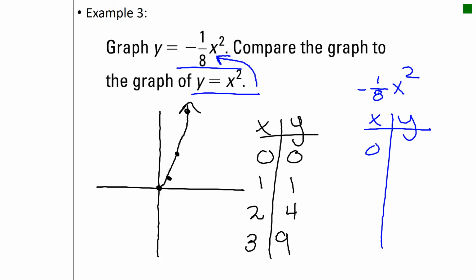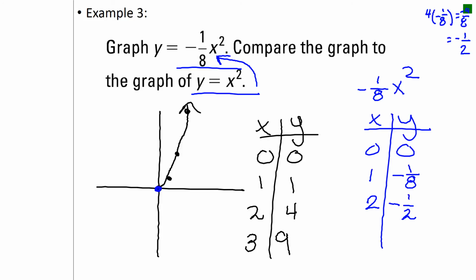Okay, let's go ahead and make the table for taking -1/8 of x squared. If we plug in 0, 0 squared is 0, times -1/8 is 0. So they're starting off at the same place. 1 squared is 1, times -1/8 is -1/8. 2 squared is 4. 4 times -1/8 is the same thing as -4 divided by 8, which reduces down to -1/2.